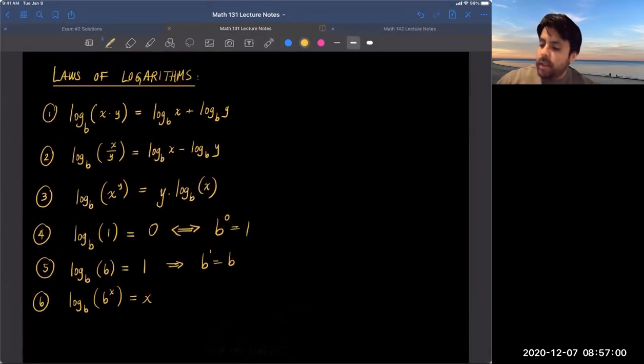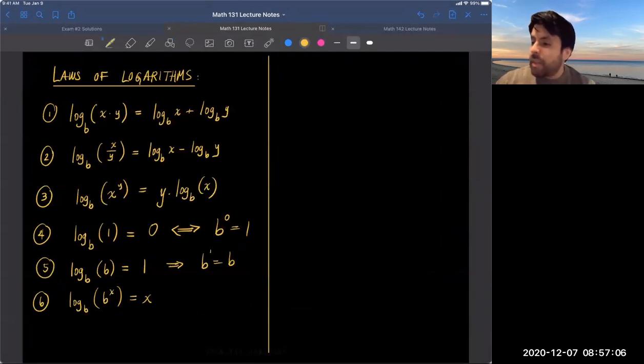So let's see this. How can I express the following in logarithmic form?